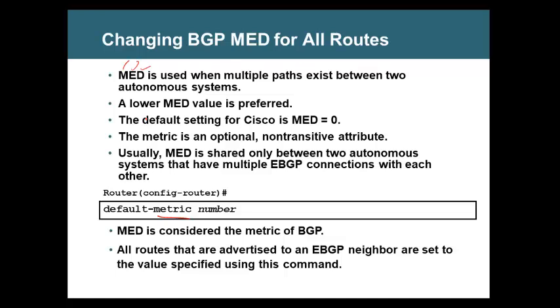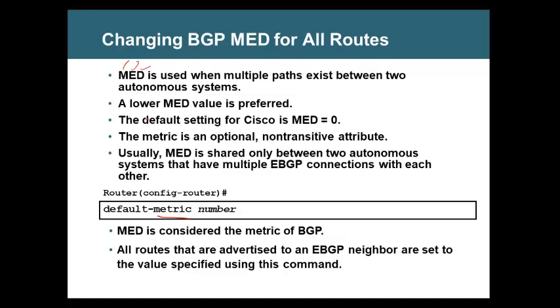My question was, when will we use metric? When we have multiple paths to compare which one is better and to pick which one is better than the other, we compare the metric, isn't it? We compare the metric of both the paths. The path with lower metric is the preferred route.